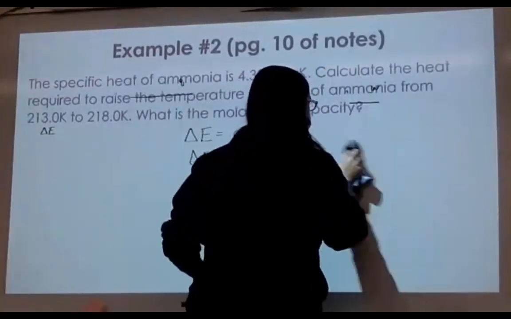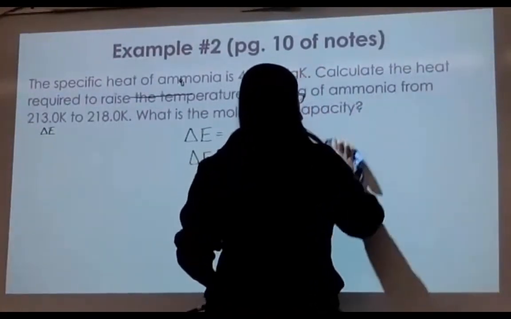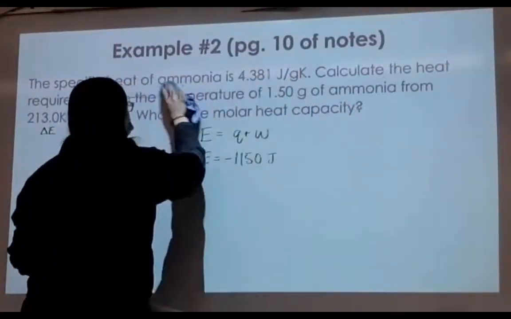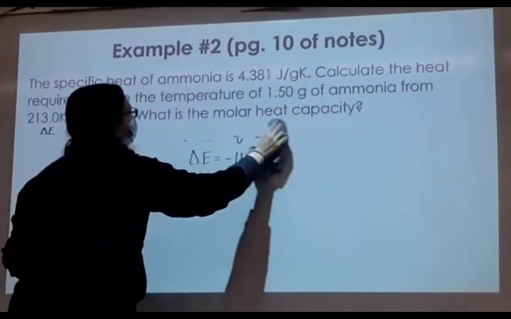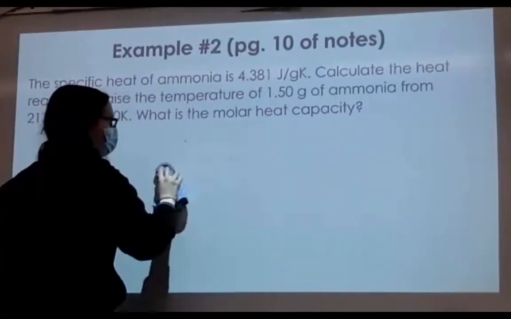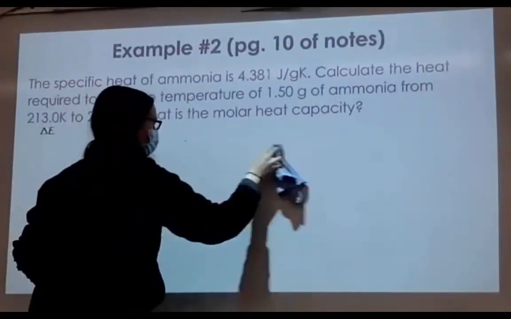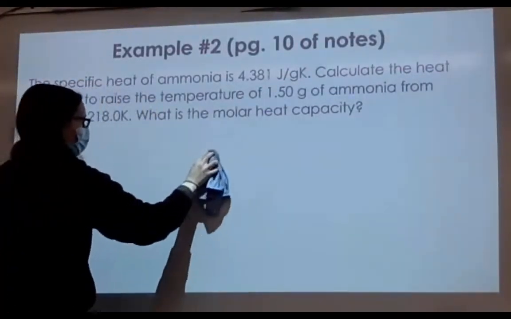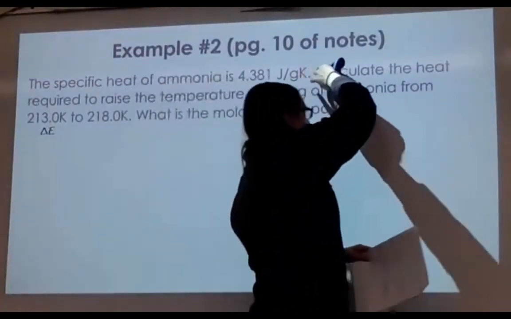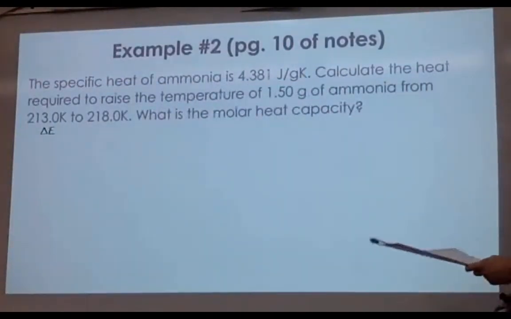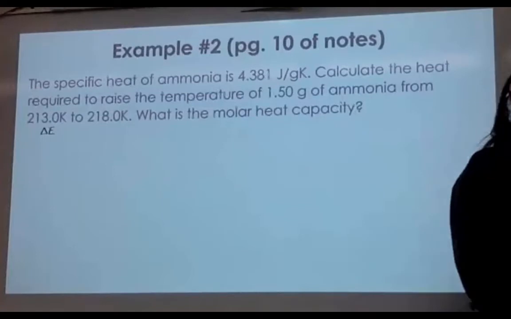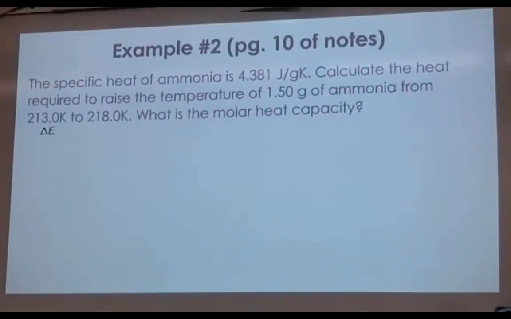So example 2, the specific heat of ammonia is 4.381 joules per gram Kelvin. Now before I even move on, joules per gram Kelvin and joules per gram degree Celsius are the same thing.